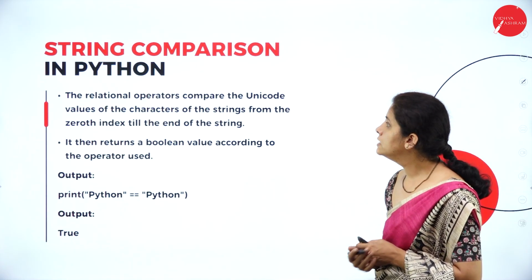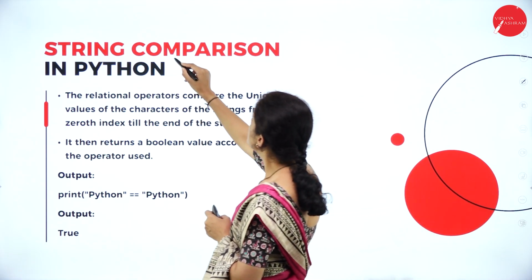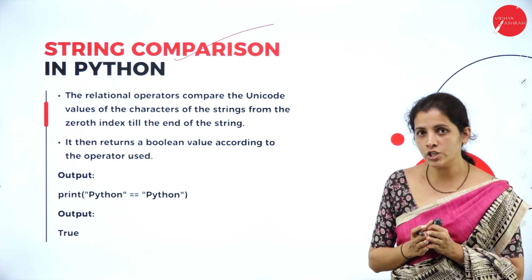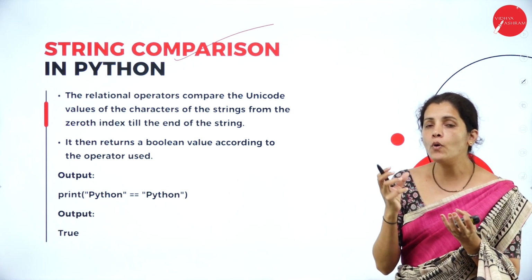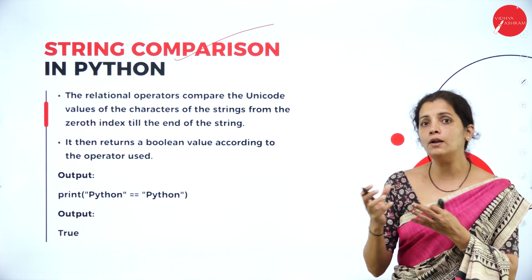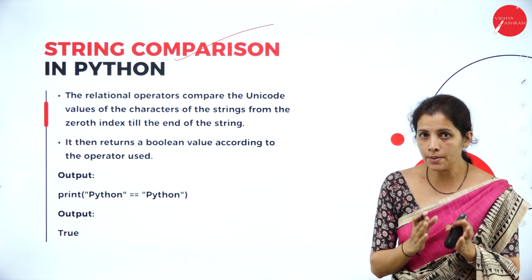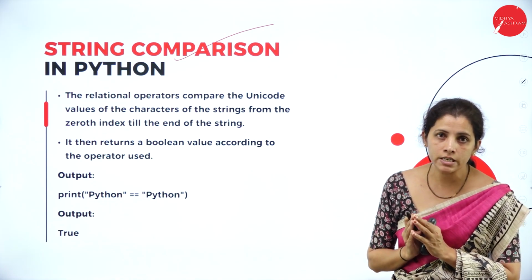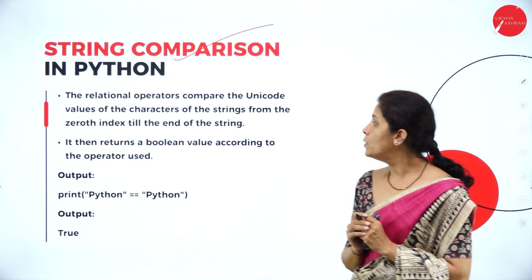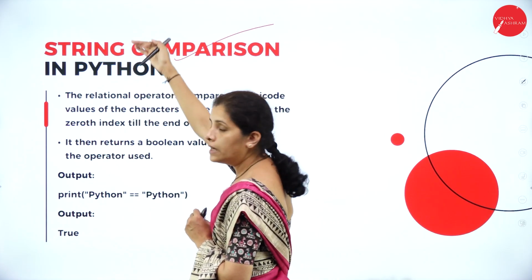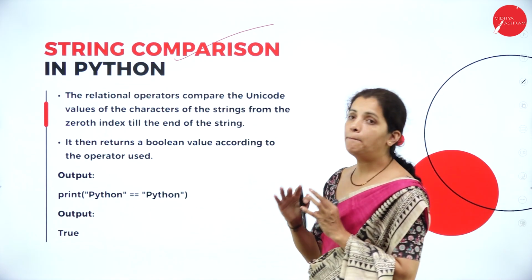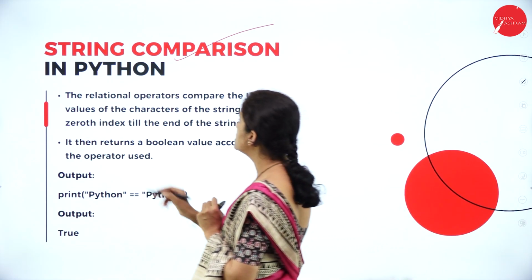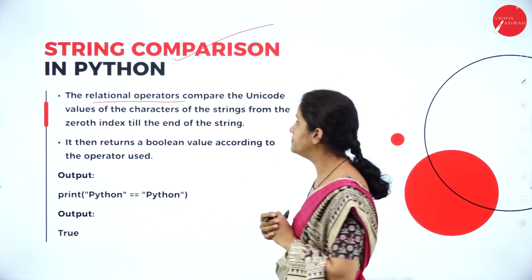Now see here, I'm going to cover string comparison. So what is string comparison? I want to compare whether both the strings are equal or not. In C programming we studied string comparison, and even in Java we studied string comparison. So, in Python, to compare whether two strings are equal or not, I'm going to use relational operators.